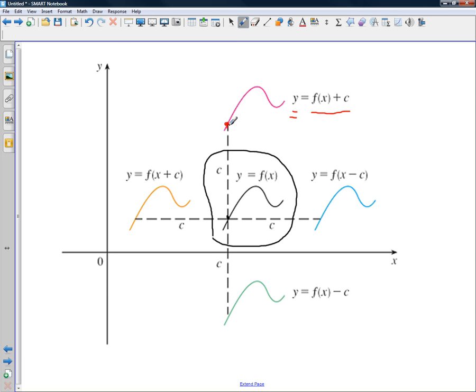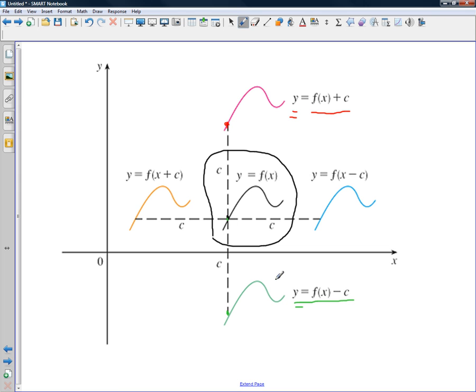And the whole function is just c units more than it was before. By way of contrast, think about if you subtracted c. Now all the y's would be exactly c less than they were before. So this particular value on the function would now be c less, and we'd move everything down exactly c units, and the result would be this green graph down below.